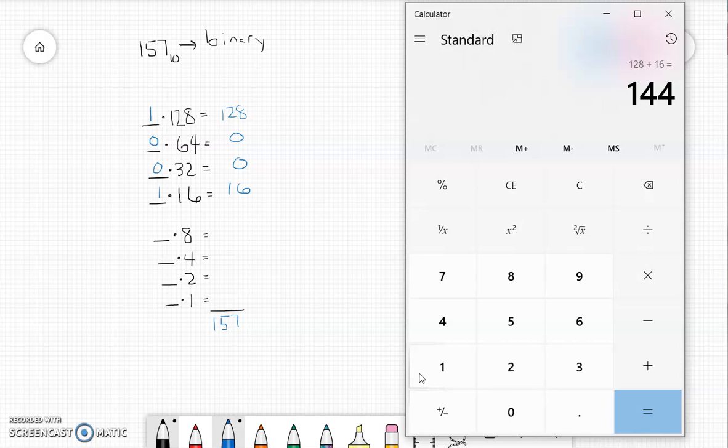One way to do this now is I can take the 157 minus the 144 that it already adds up to, and I get 13. So I know that the rest of these numbers have to add up to be 13. I'm going to need an 8. I'm going to need a 4 because 8 and 4 give me 12. If I use another 2 in the 2's place value, that's going to go to 14, and that'll be too much.